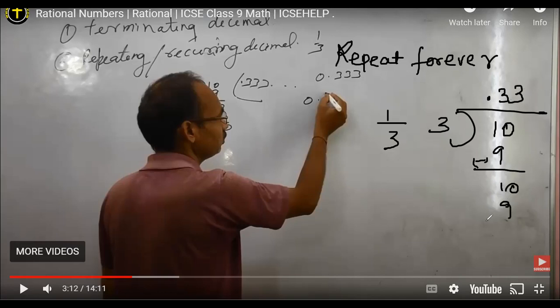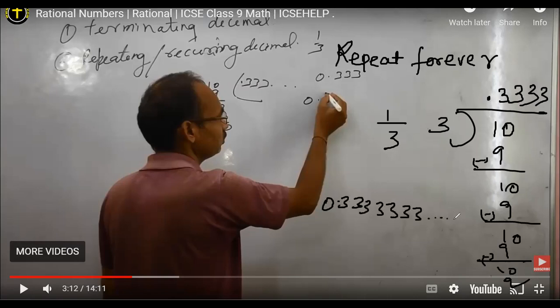Again 3 3s are 9. You subtract, again 1, 0, 3. Are you getting what I'm trying to say? So you will have this 3 forever, like 0.333333. In your quotient the decimal never ends. That is known as a repeating decimal or recurring decimal. Please note it down.